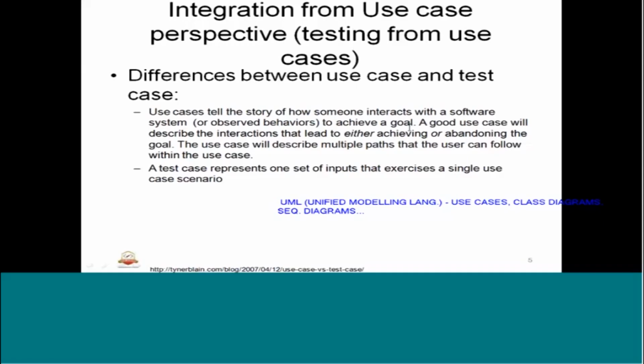Similarly, the multiple paths that the use case can have can also be used to draw the test cases. A test case represents one set of inputs that exercise a single use case scenario. That means use cases will have multiple scenarios, and we are going to have one test case for each scenario. That is where the test cases are derived from the use cases.